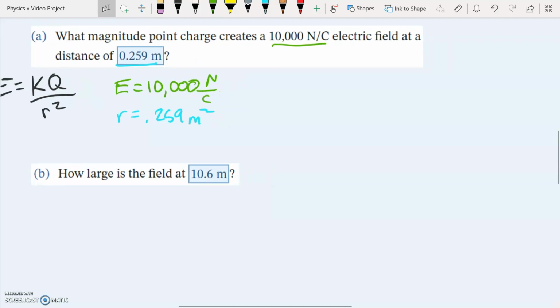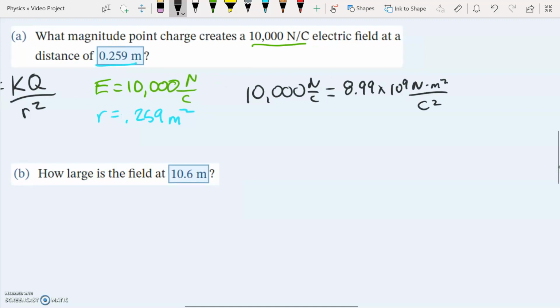So to write this out, E, 10,000 newtons per coulomb, equals K, which is our constant that we've talked about, multiplied by the charge, which we're trying to determine from this problem, over R squared.